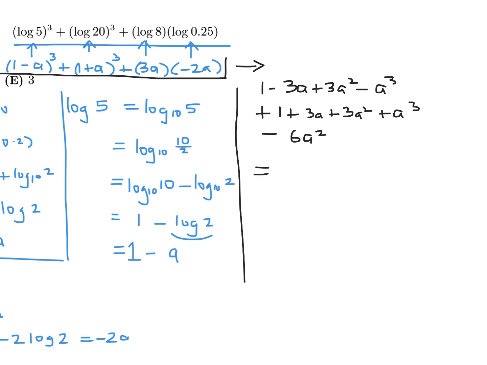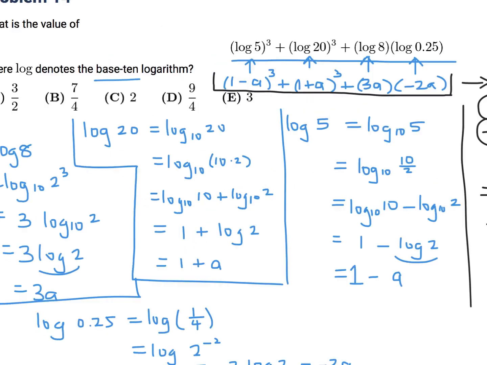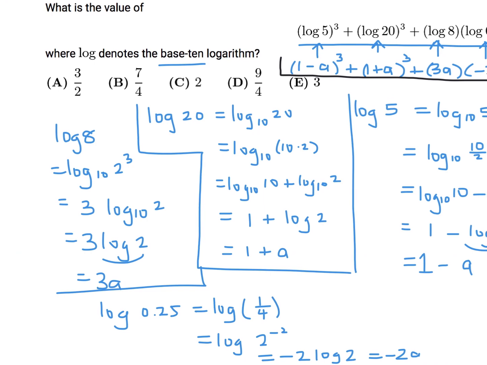Collecting like terms, the A cubed terms cancel, and 6A squared minus 6A squared is gone, plus the 1 and 1, so it just gives me 2. It all worked out at the end. It gave me a nice integer value, and that would be choice C for this question.